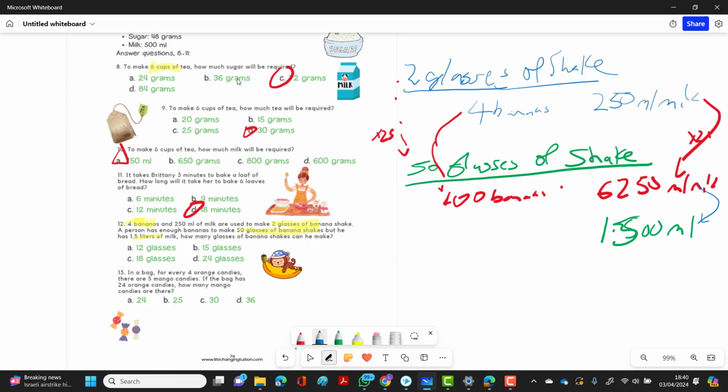So you divide it by roughly 4. That means you've got 25 bananas you can use for 1,500 milliliters of milk.